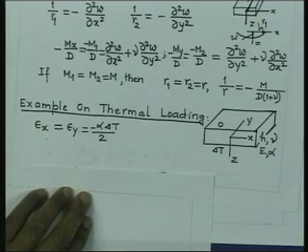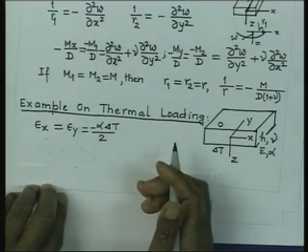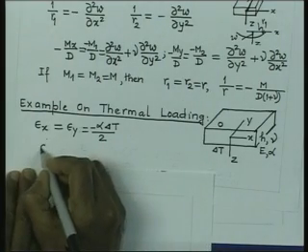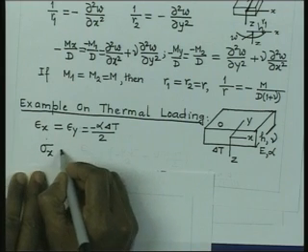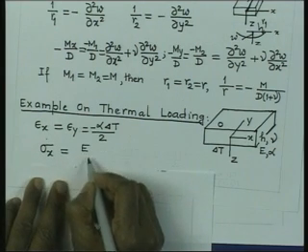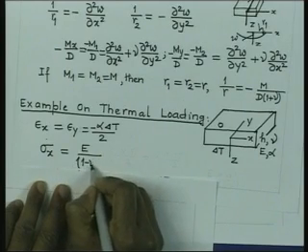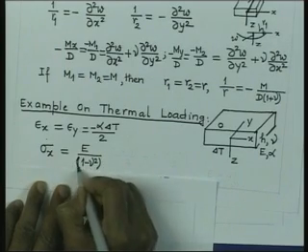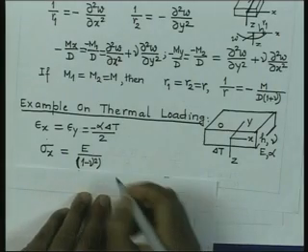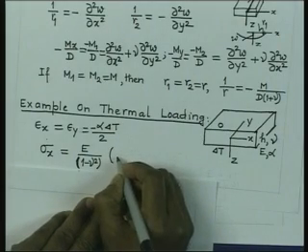Now, from the relationship that we have got, that sigma x is nothing but E by 1 minus nu square into epsilon x.